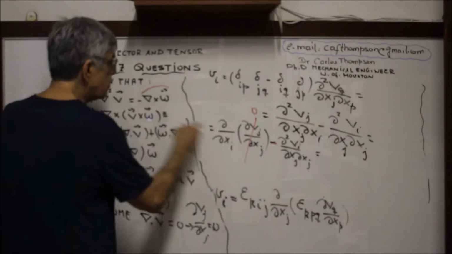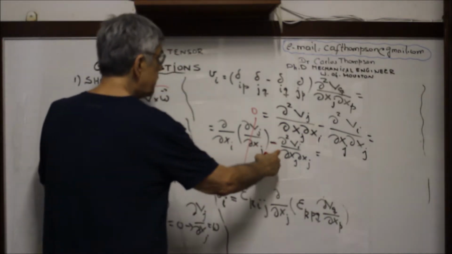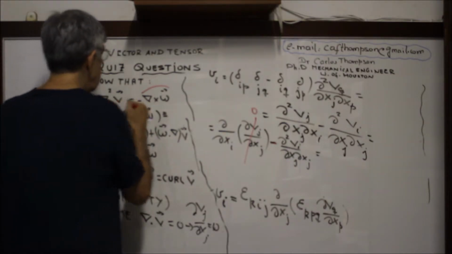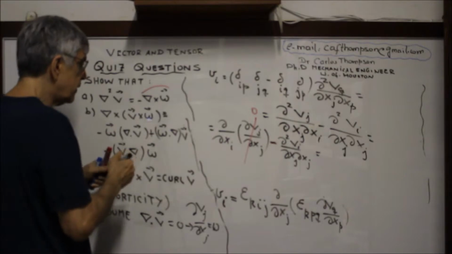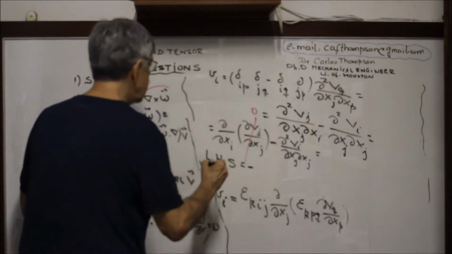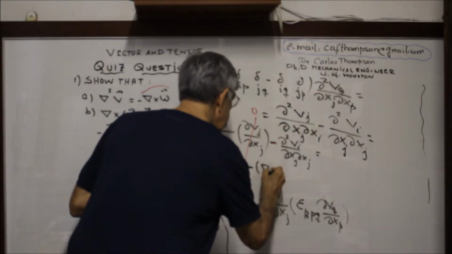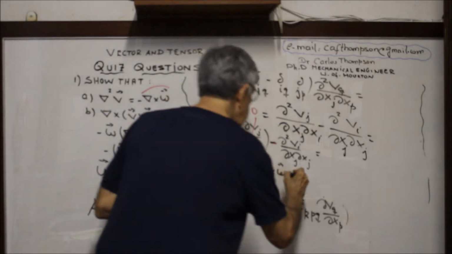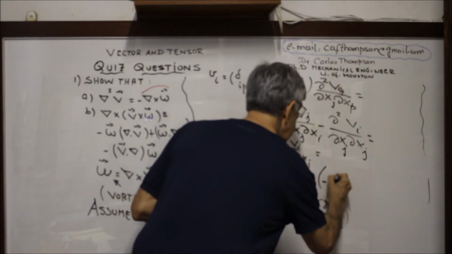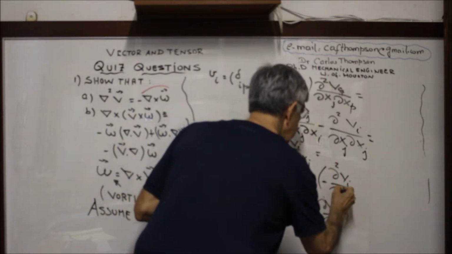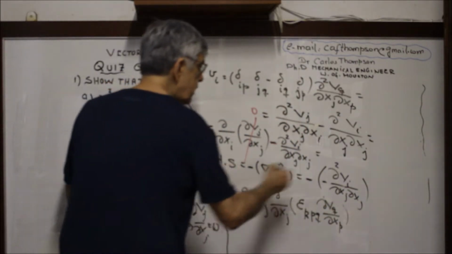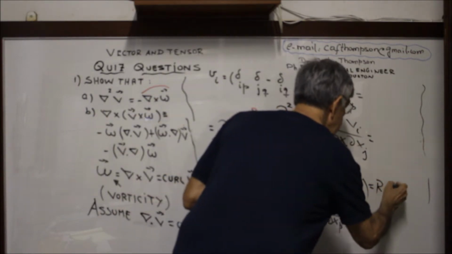We start from here, we didn't put minus here. So the left-hand side is equal to minus the rotation of omega, equal to minus the second derivative of Vi with respect to xj. See? So the left-hand side is equal to the right-hand side.